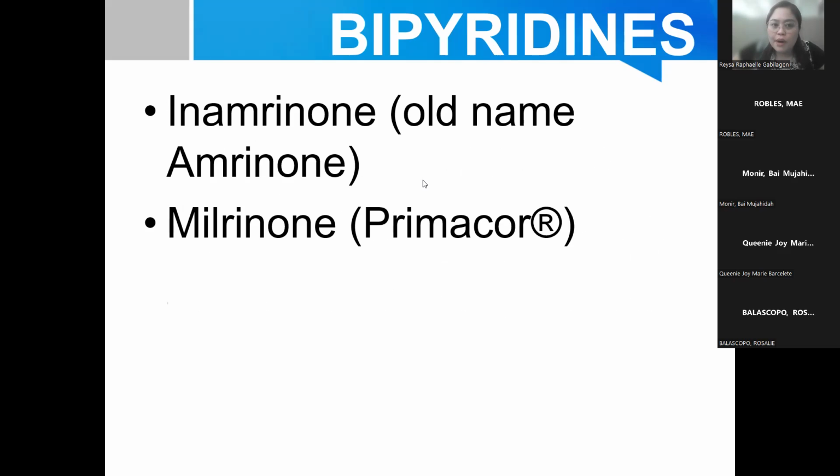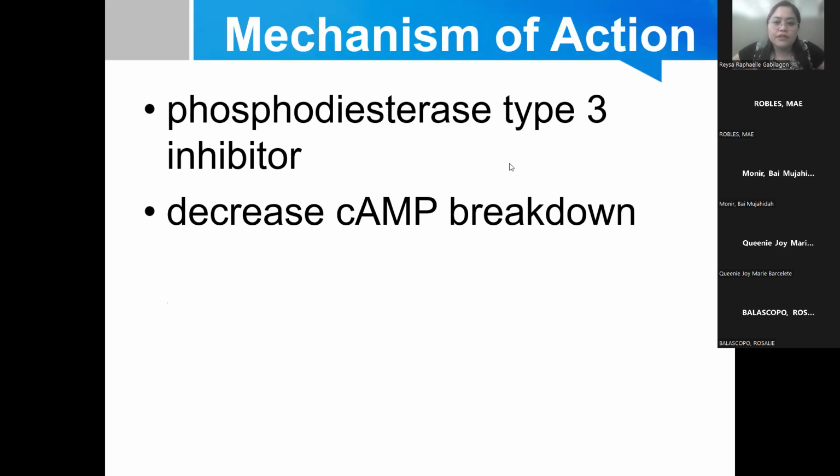The old name for inamrinone is amrinone. For milrinone, we have Primacor as our innovator drug. Now, how about the mechanism of action of these drugs? Just like levosimendan, they inhibit phosphodiesterase type 3 enzyme, leading to increased cAMP level in the heart. So, it will not break down into AMP or adenosine monophosphate.